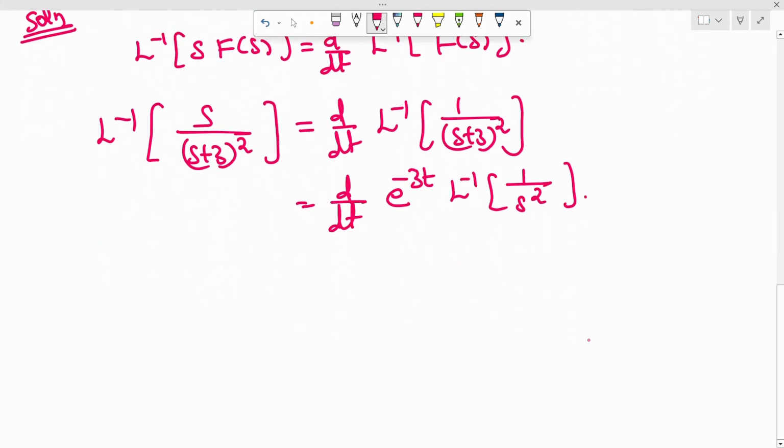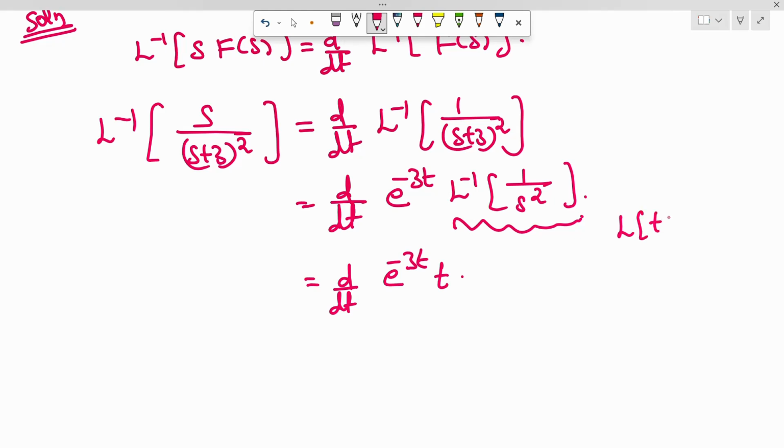Now we can write d by dt of e power minus 3t into L inverse of 1 by s square. What is the formula for L inverse of 1 by s square? Which is t. We know the formula L of t power n is n factorial by s power n plus 1.